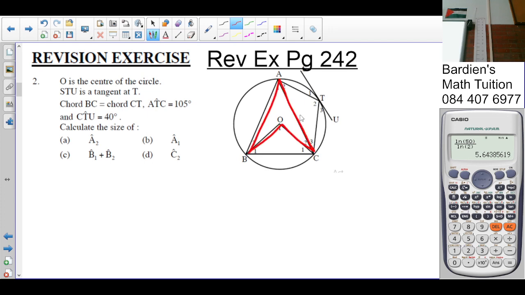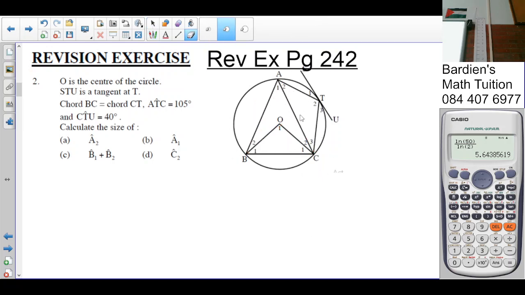So we know that A1 is double, A1 would give you O1. What else do we know? We know that OB is equal to OC, radii, which results in B1 equal to C1. Angles opposite equal sides.